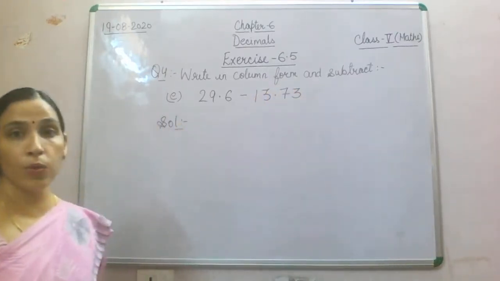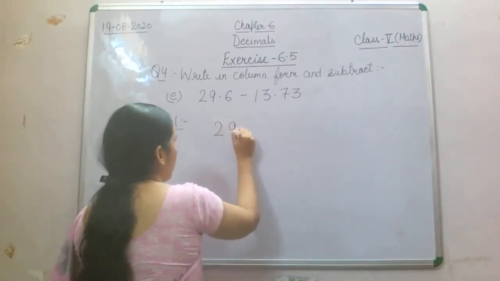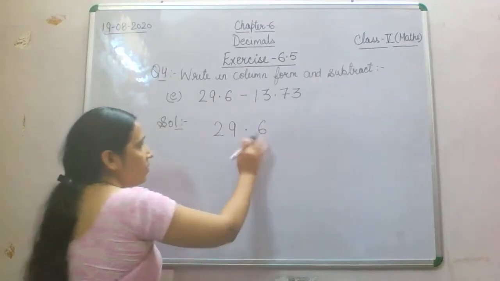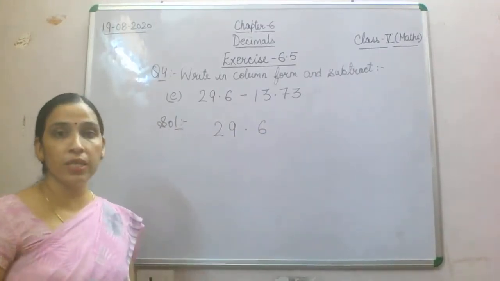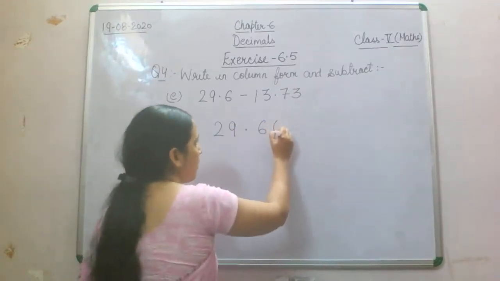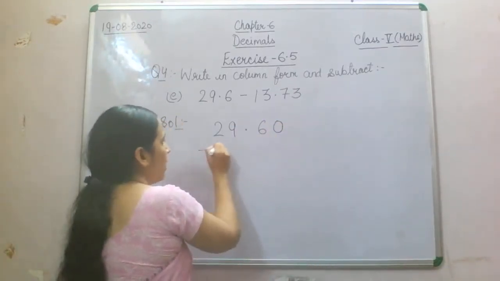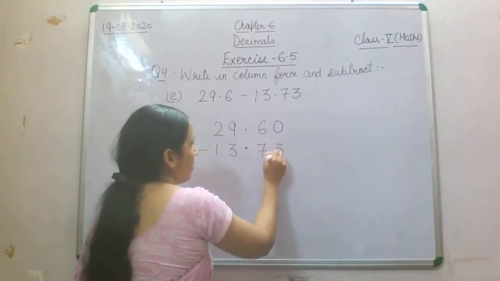So how are we going to do the subtraction here? 29.6 has only one decimal place. So this is supposed to be changed into 2 decimal places. How can we change it into 2 decimal places? By putting a 0. 29.60 minus 13.73.